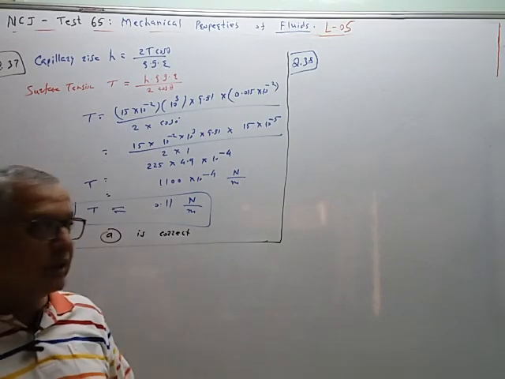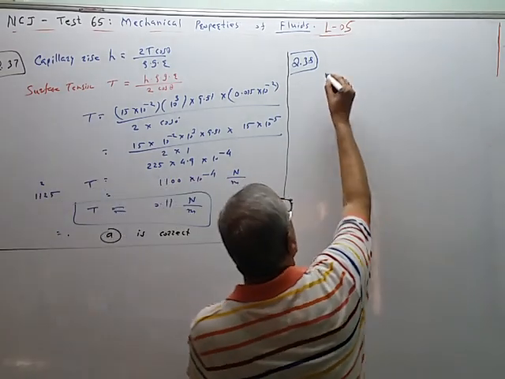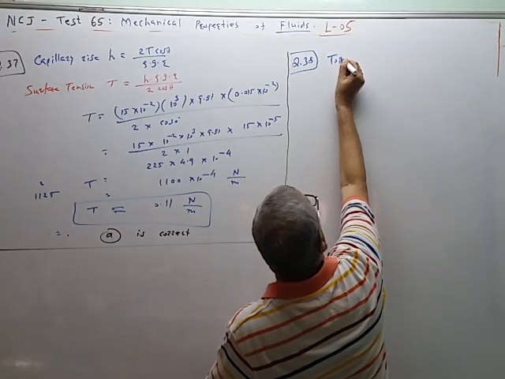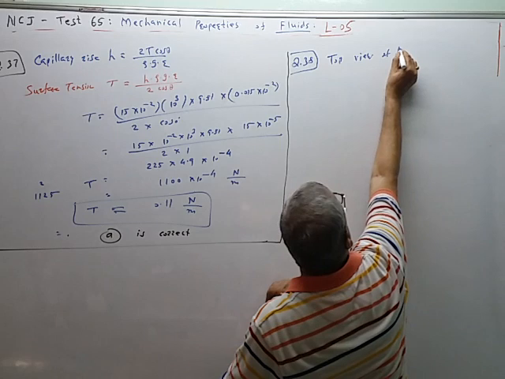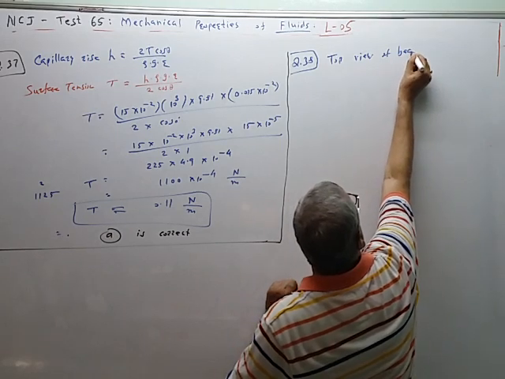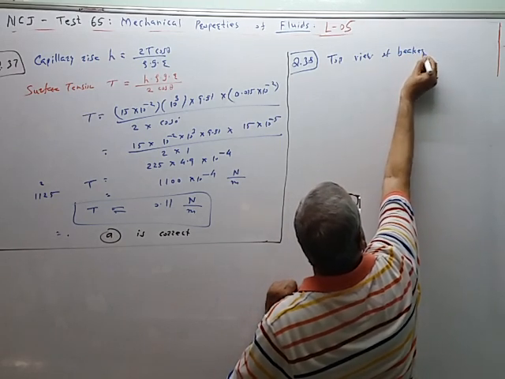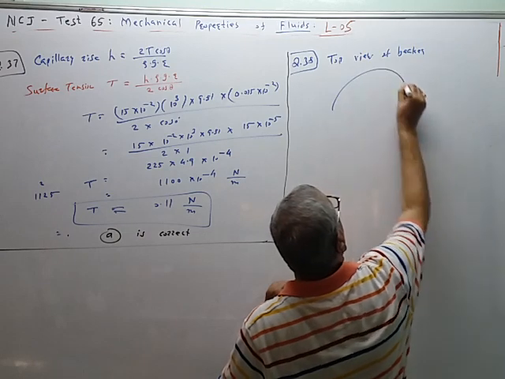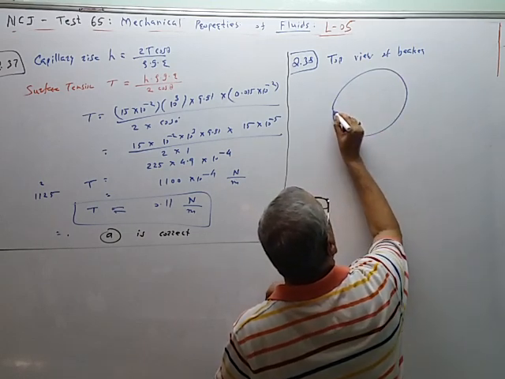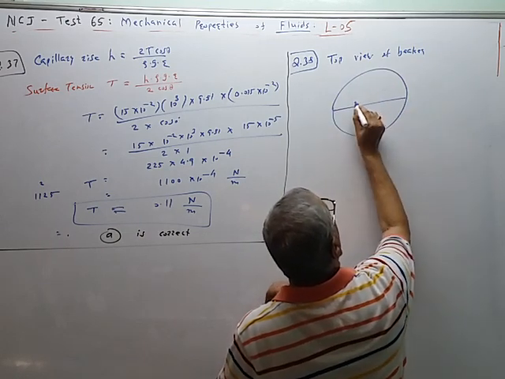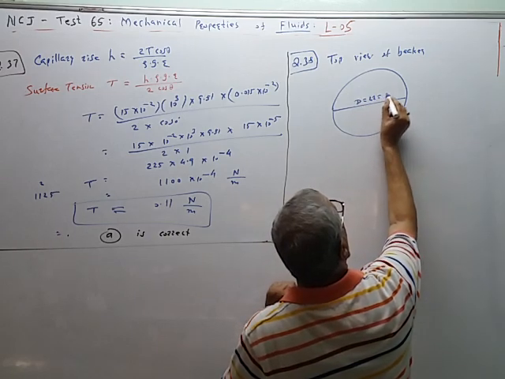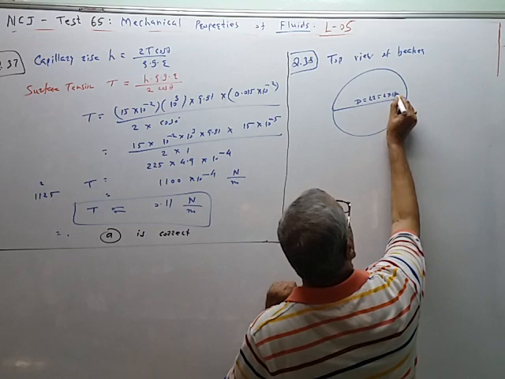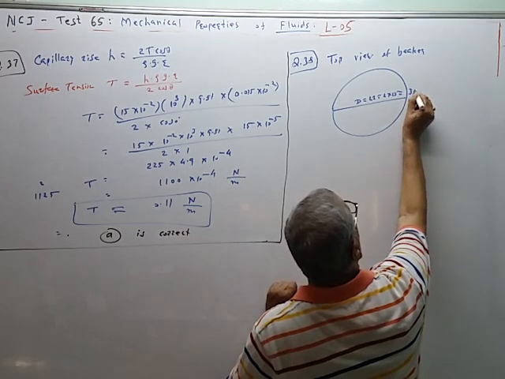So, if we consider the top view of the beaker, then it will be like this. Its diameter is equal to 2 times r, which is 2 multiplied by 15, equal to 30 centimeter.